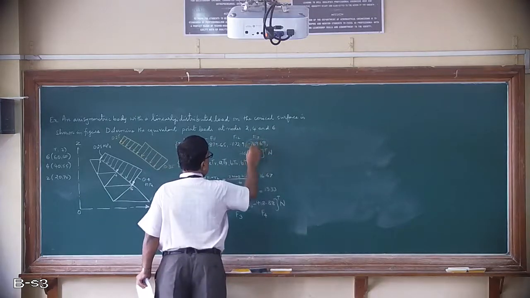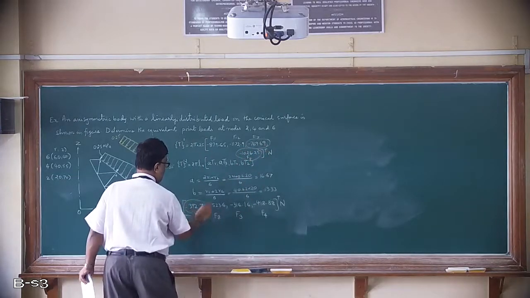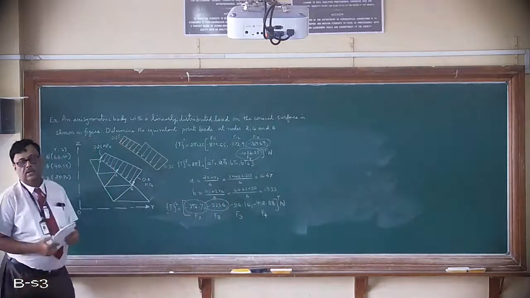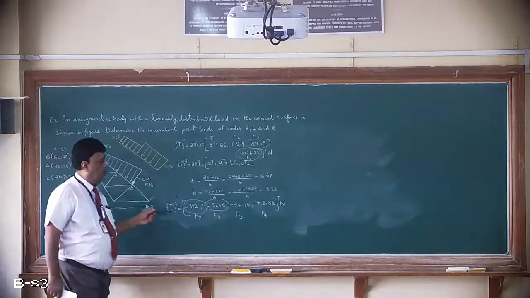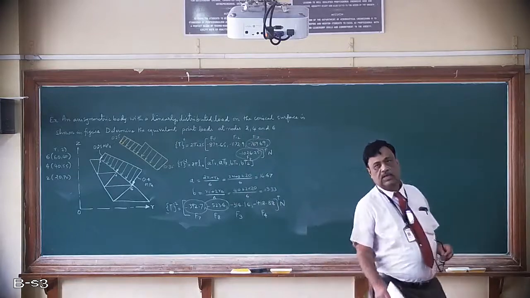This part and this part, F8, which are repeated here also, because these are the contributions from two different elements, because the pressure distribution on both the edges are different, but node 4 being a common node, the total loads are getting added there.